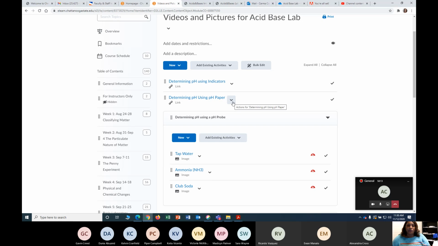And then the video shows using pH paper to determine the pH values of the club soda, tap water, and ammonia, plus several other liquids. And then finally, the pH probe or pH meter pictures show you the exact pH value using a pH meter for tap water, ammonia, and club soda.